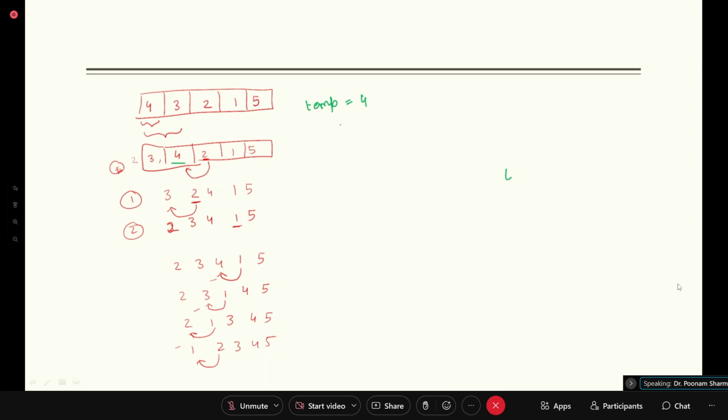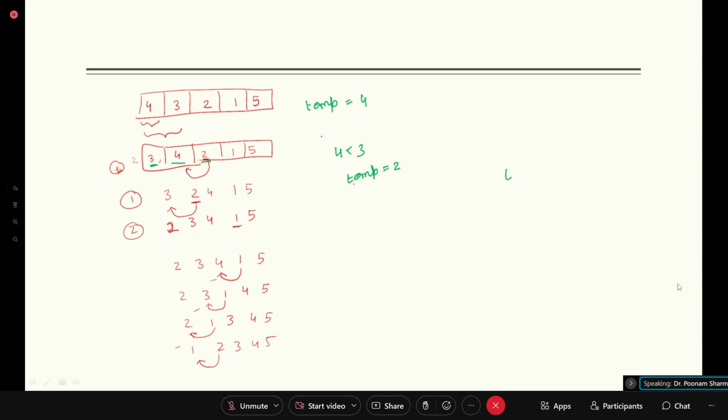Then we compared 4, that is your temp, with each and every value of the sorted array. So when we compared 4 with 3, 4 is not lesser than 3, right? So the while loop is false in this case. So no while loop will run. Now what will happen? You will enter the new temp value as 2.